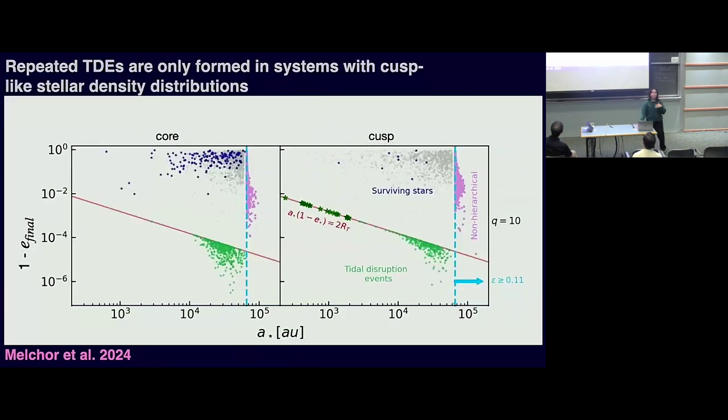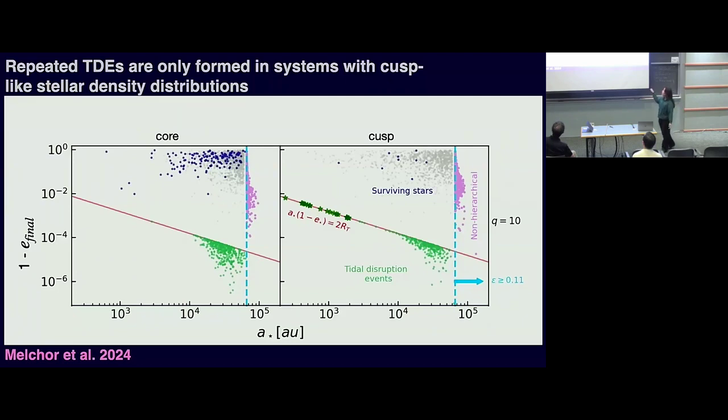And we do this for several thousand simulations. I'm going to take you through it because there's a lot of little dots. Okay, in gray, so this is 1 minus the final eccentricity of our systems over the semi-major axis of the star. In gray, we have our initial conditions, right? That's where they start.